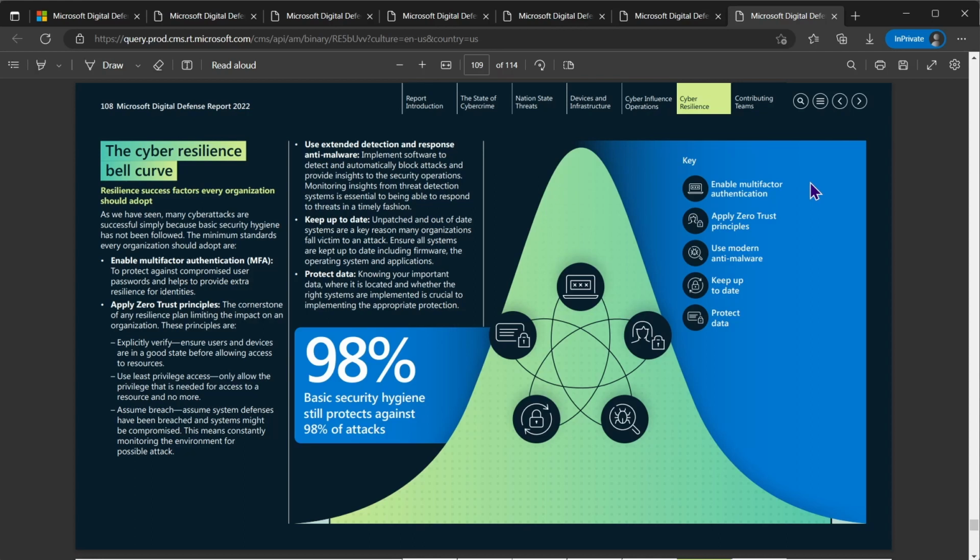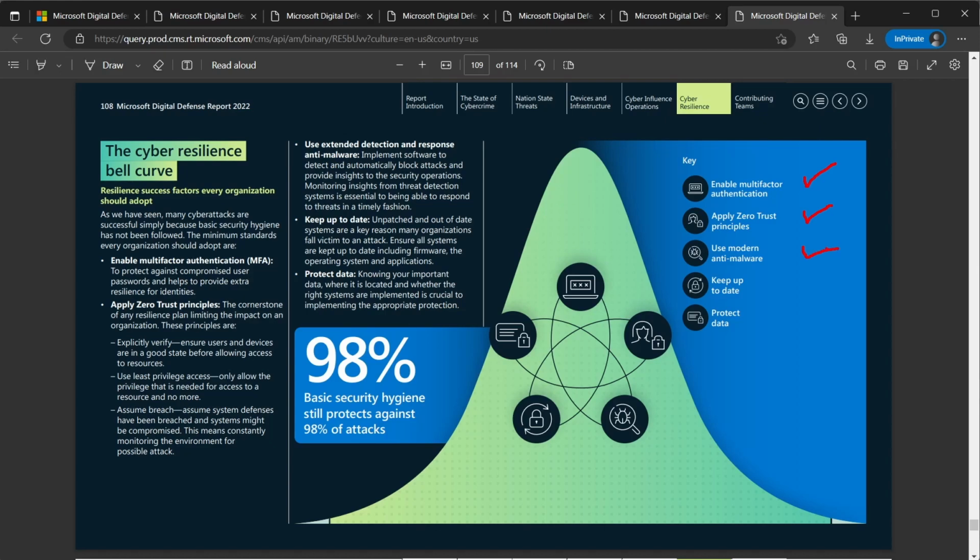Enabling MFA, a very basic fact here. Applying zero trust principles, which in itself is a very broad recommendation, but if you start looking at all your different networked environments and different domains in your network and applying zero trust principles to all of them, you are going to be naturally minimizing your attack surface in many ways.